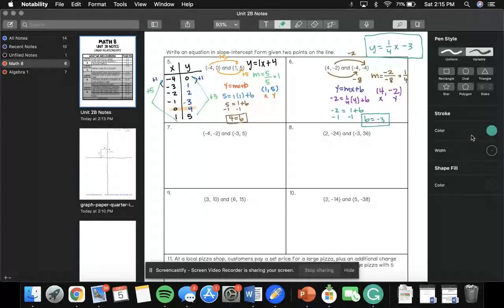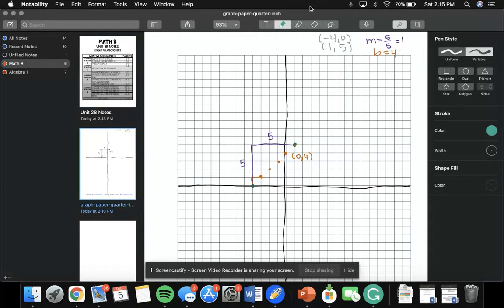Okay. If you guys are more of a visual person, we can graph this as well just to also see that it starts at -3 and that the slope is 1/4. So we would plot the two coordinates.